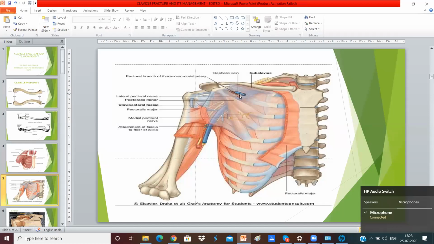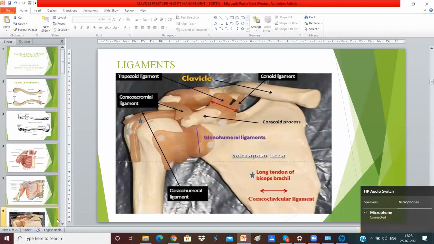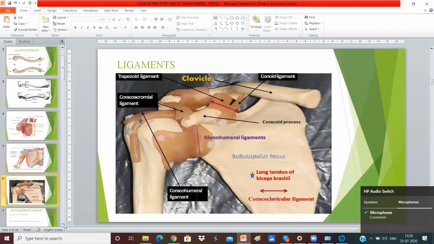So in a situation where there is an injury of the clavicle, there is also a possibility of injury to important structures like your brachial plexus.